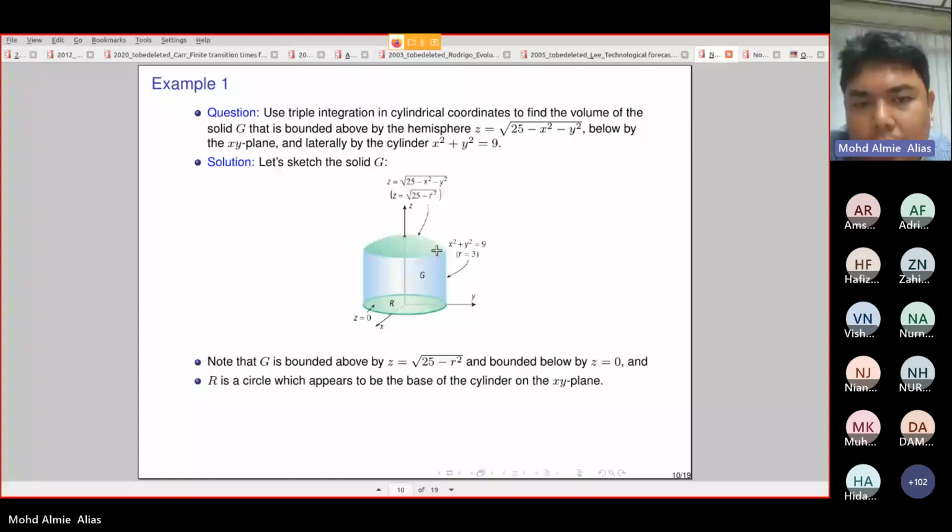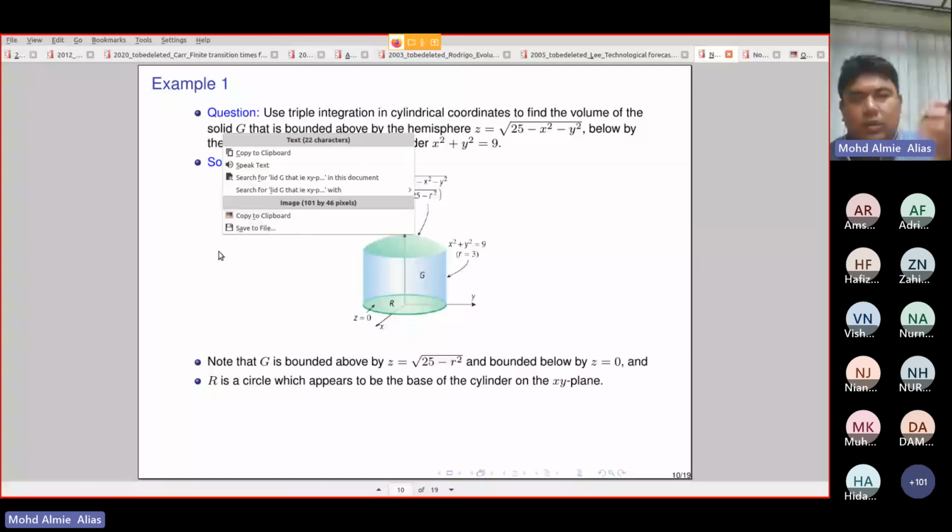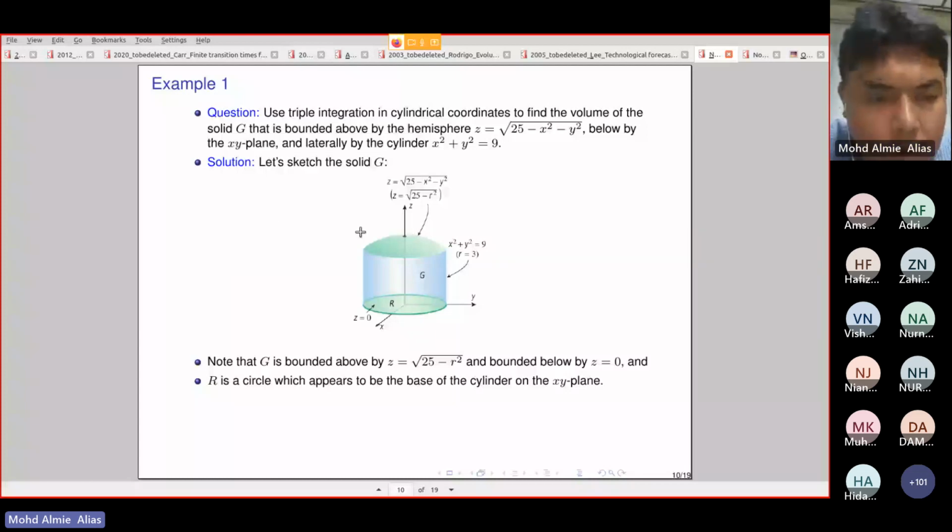Here the cylinder is bounded by the hemisphere, and the base of the cylinder comes from the xy plane. You need the xy plane, otherwise your cylinder will be unbounded in the negative direction of z.